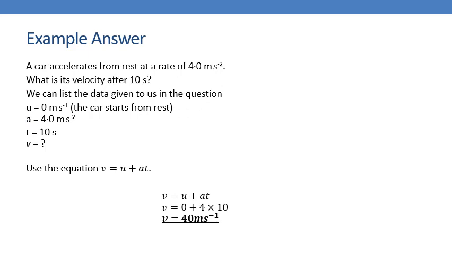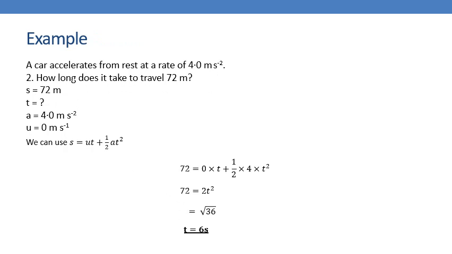It starts at rest, so the initial velocity u is 0. The acceleration is 4, and we've got the time being 10, and we want v. So we can see that's the first equation of motion, v equals u plus at, to give us 40 meters per second after 10 seconds.